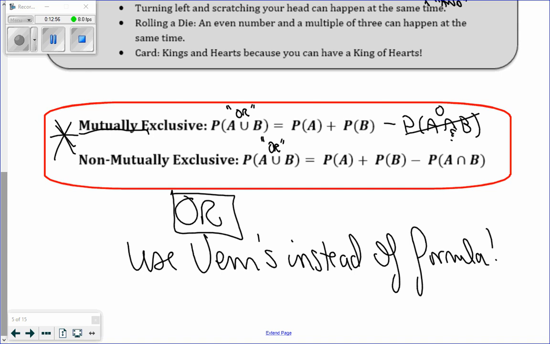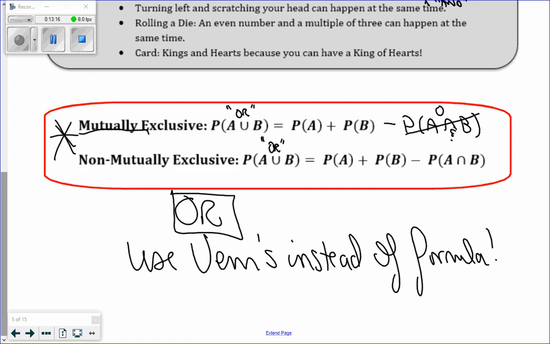But you are guaranteed a question on the diploma where they will give you 2 events and ask you, are these events mutually exclusive or not mutually exclusive? You just have to ask yourself, do they have overlap? If they have overlap, they're not mutually exclusive. If they don't have overlap, they are mutually exclusive.